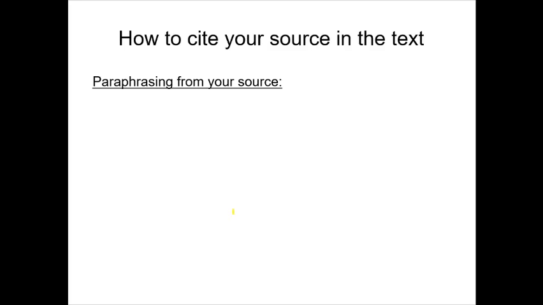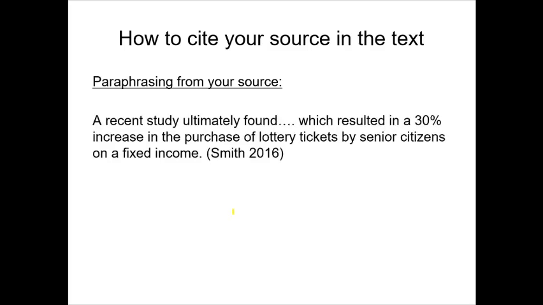Paraphrasing from your source, let's just say you're writing a paragraph and it's coming from this source, and by the time you get to the end of that little paragraph or into that little passage, you'd say, oh, well, that came from, for example, Smith 2016. And then I would go to your reference page at the end of your paper, and I would look in alphabetical order, and I could see who Smith was and what that article was. And I'm covered. So that's really all I need.